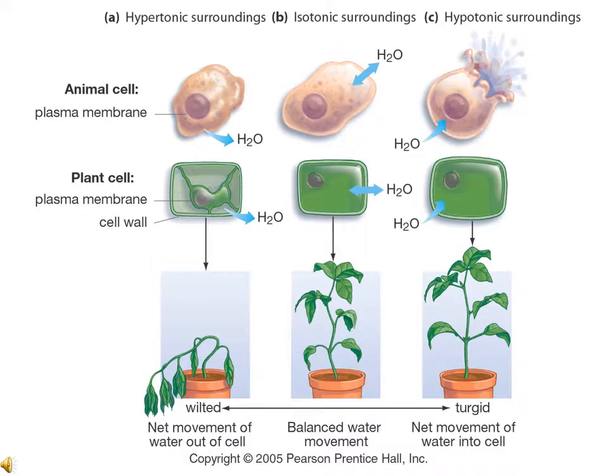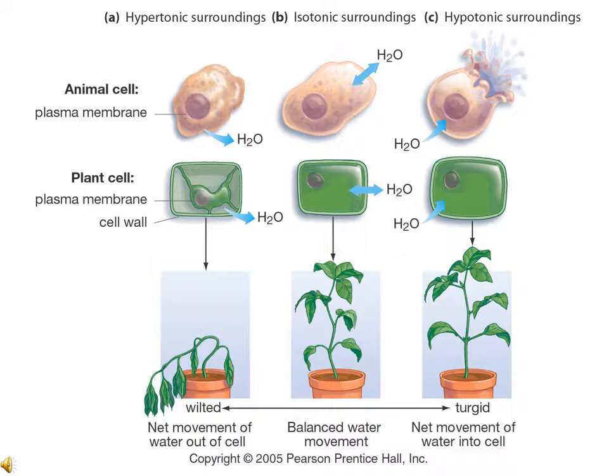Here we are looking at an animal cell and a plant cell, and we are looking at these two cells under isotonic condition, hypertonic condition, and hypotonic condition. Notice what's happening to the cell under these conditions. Under the hypertonic condition, the cell will shrink up. Under hypotonic condition, the cell will expand.